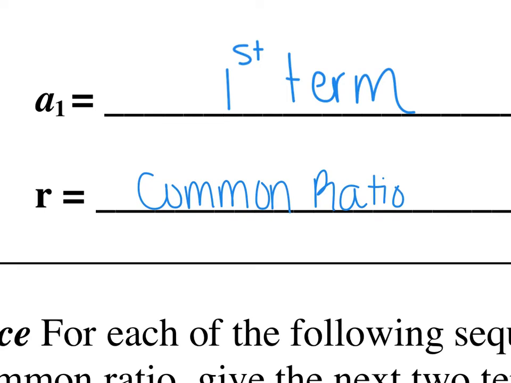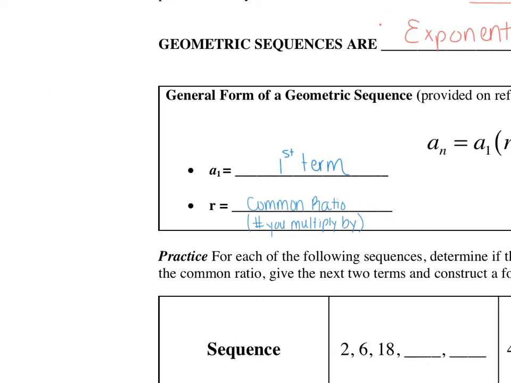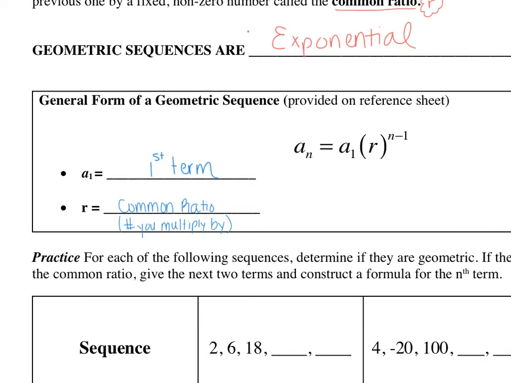And it's just the number you multiply by. So a sub 1 is our first term, and r is our common ratio. It is the number you multiply by. So again, I'm going to ask you to say the general form of a geometric sequence formula one more time. A sub n equals a sub 1 times r to the n minus 1.